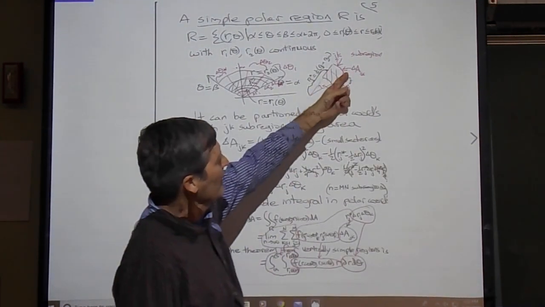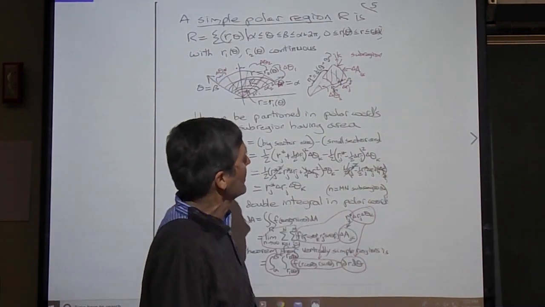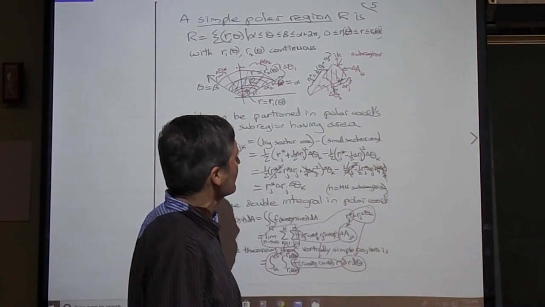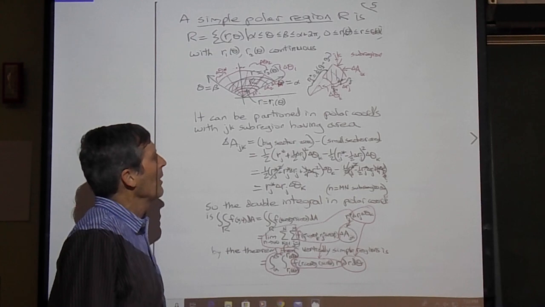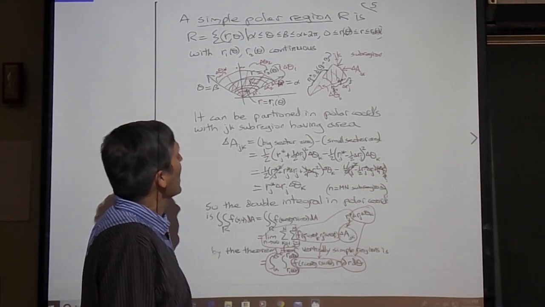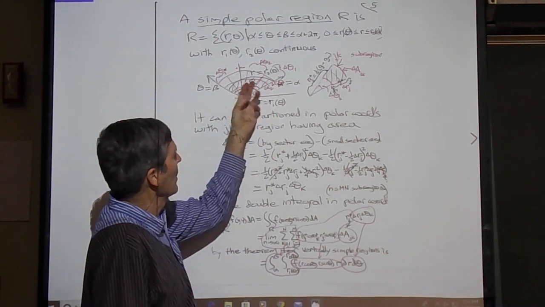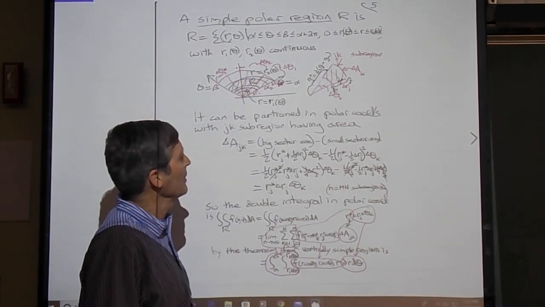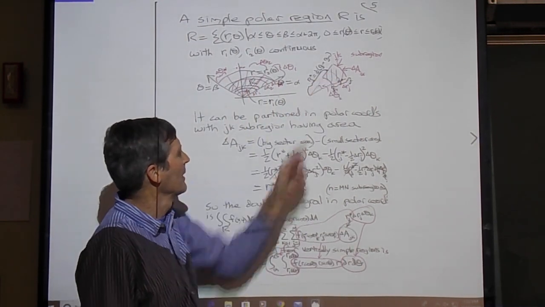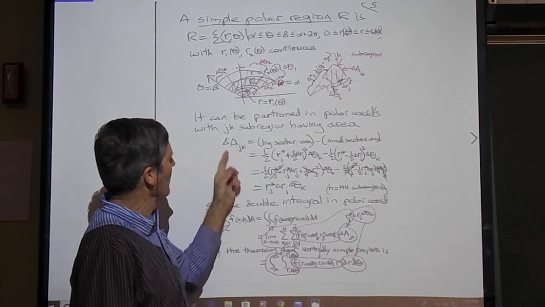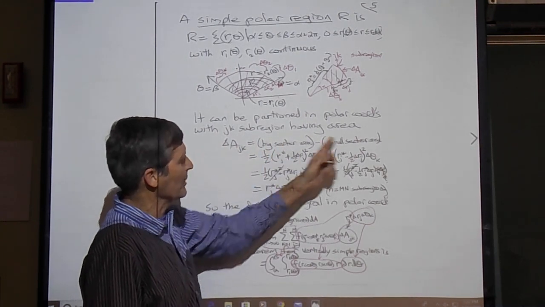We'll say that has area delta A_jk. And what is going to be the value of a double integral, meaning integrating over all these little small plane regions that are this shape? Well, we'll say delta A_jk is big sector minus little sector.